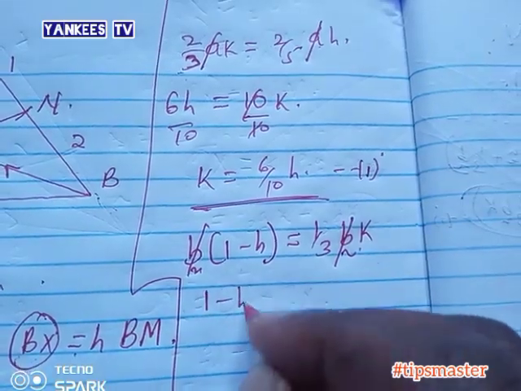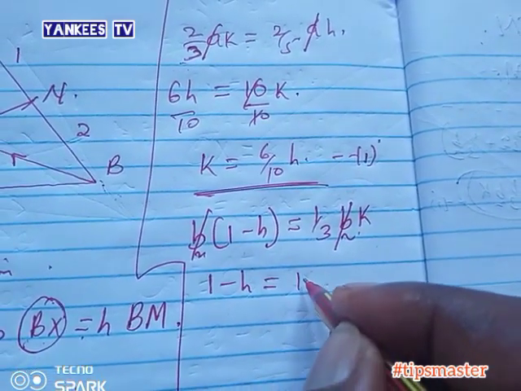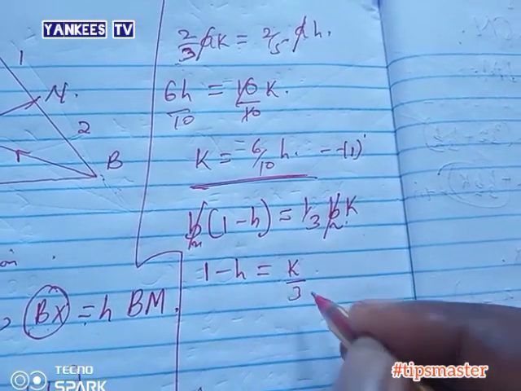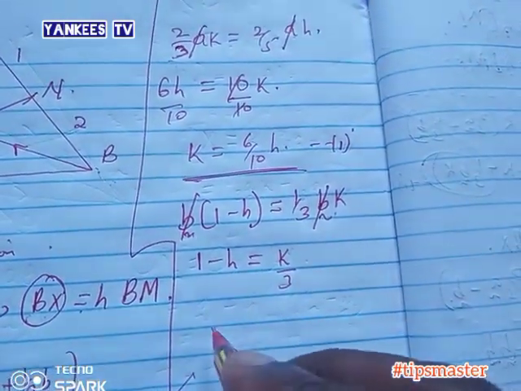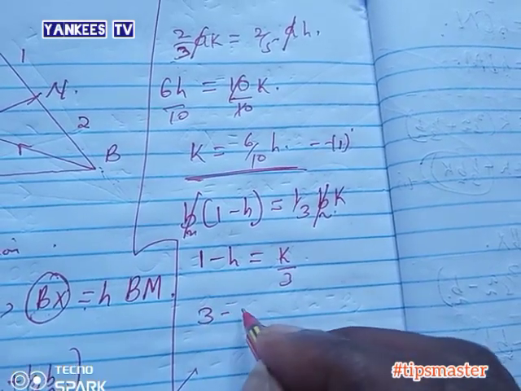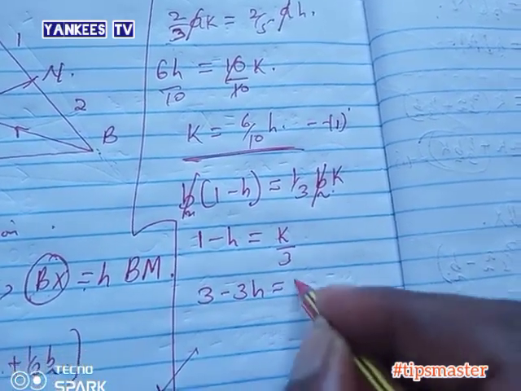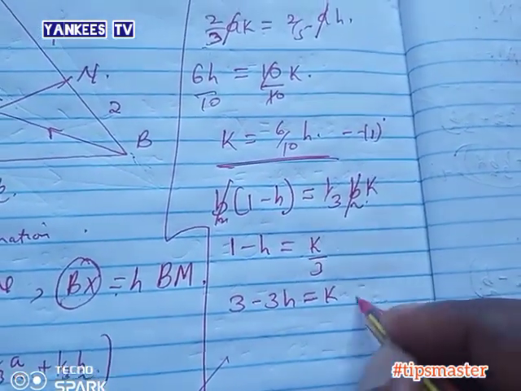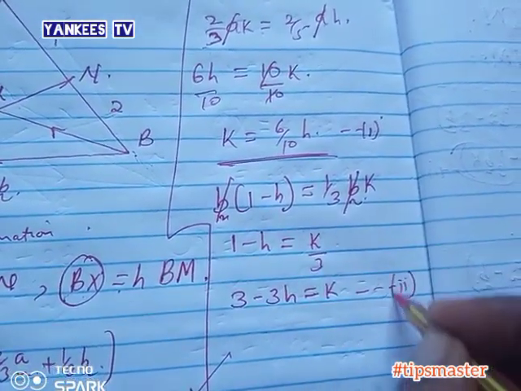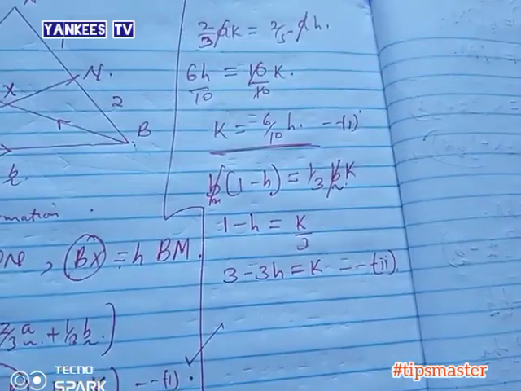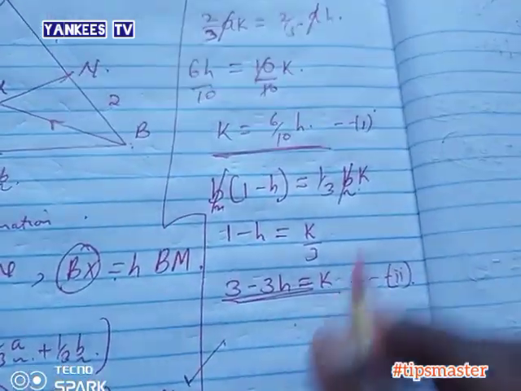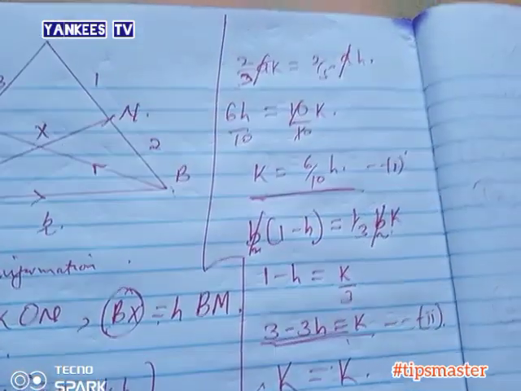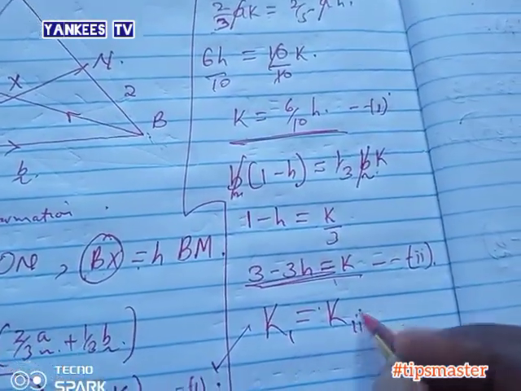So 1 minus H is equal to K over 3. I want to eliminate 3 by multiplying both sides by 3. So it shall be 3 minus 3H is equal to K. That is equation 2. All these equations are also of K, so K in 1 is equal to K in 2.